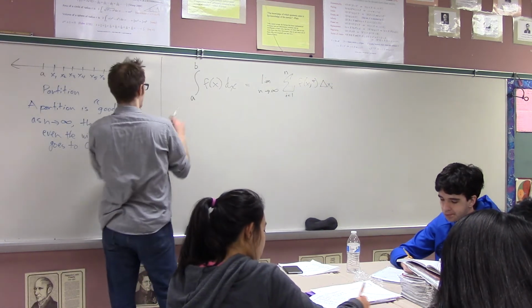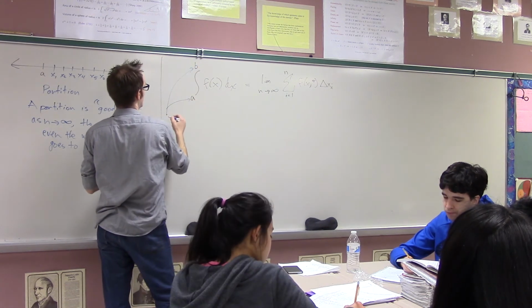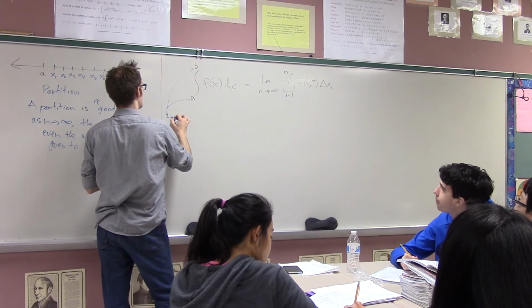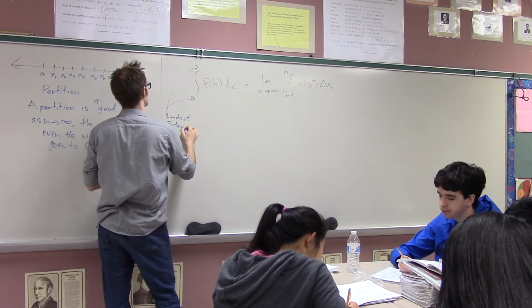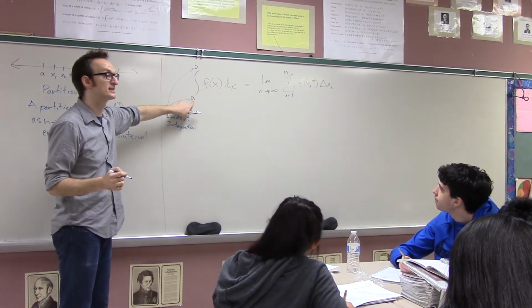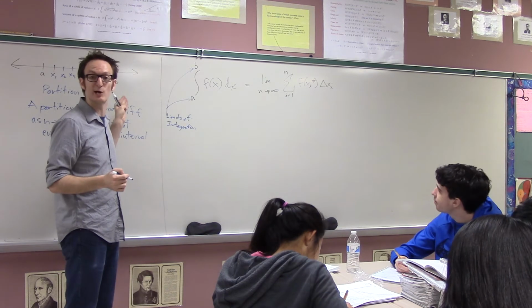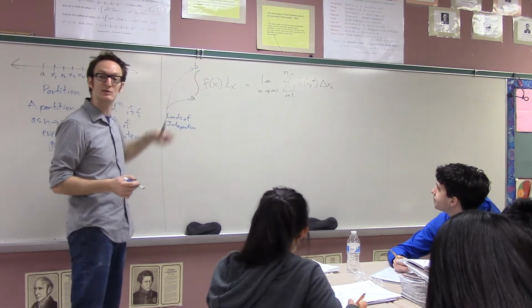We have names for these things. These are called the limits of integration. The number down here is the left-hand endpoint where you start integrating, and the number up here at the top is the right-hand endpoint where you stop integrating.